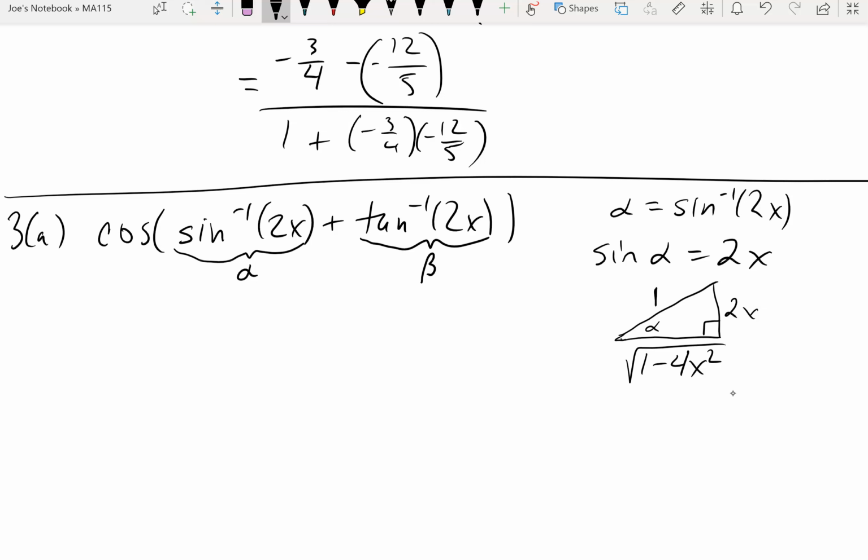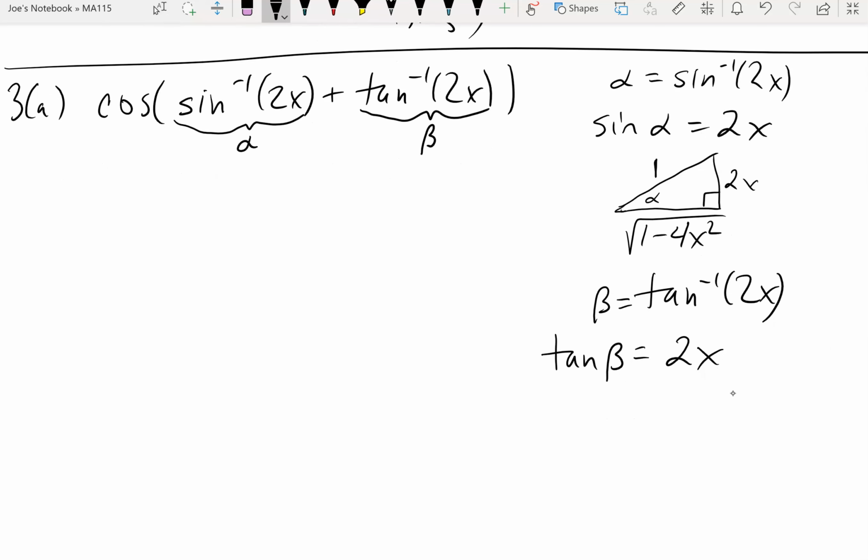What if we did the same thing for beta? Beta is inverse tangent of 2x. So tangent of beta is 2x, just like what we did in the previous one. What's my triangle going to look like this time? What sides can we label?